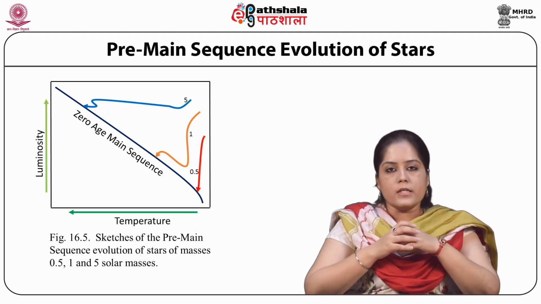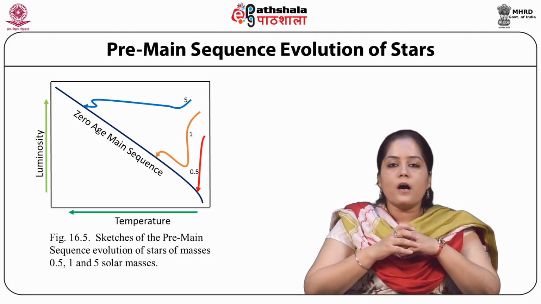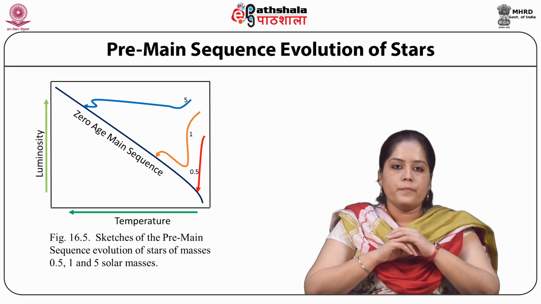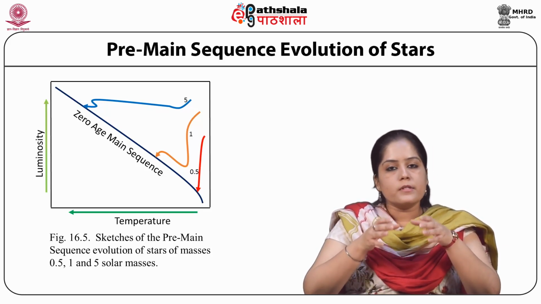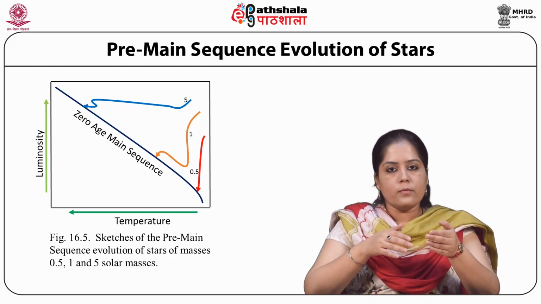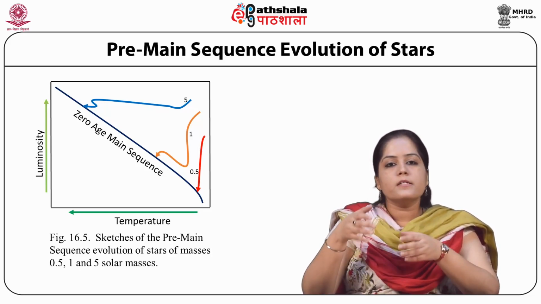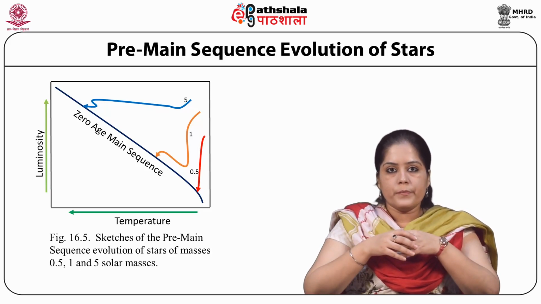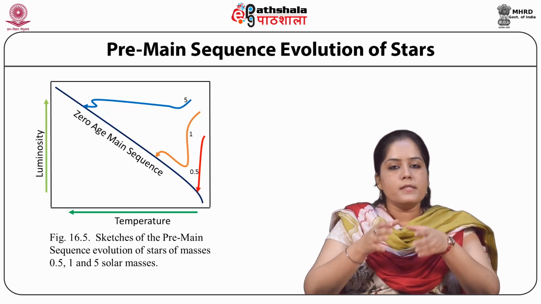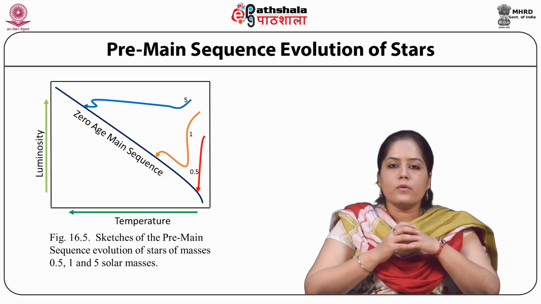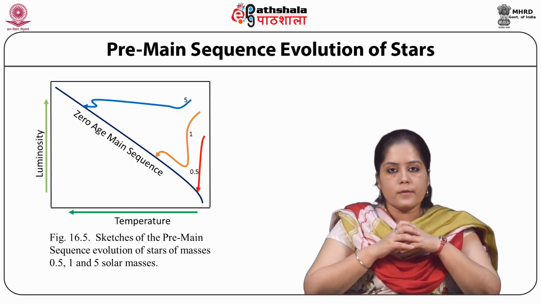At this stage, we say that a star is born. At this time, the star is on the main sequence and its age is reckoned as 0. For this reason, the main sequence is also known as the zero age main sequence.